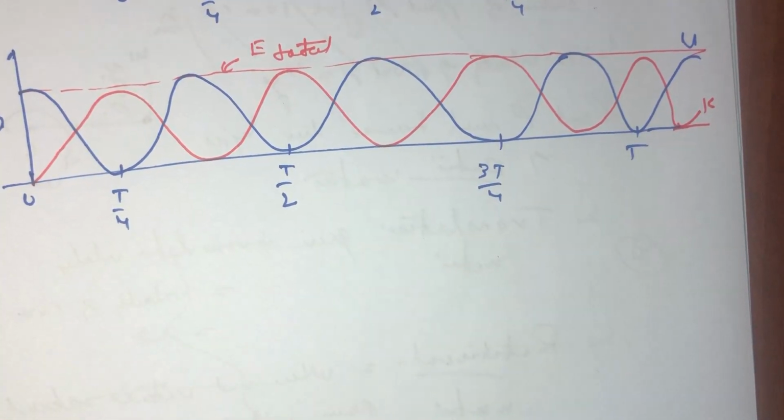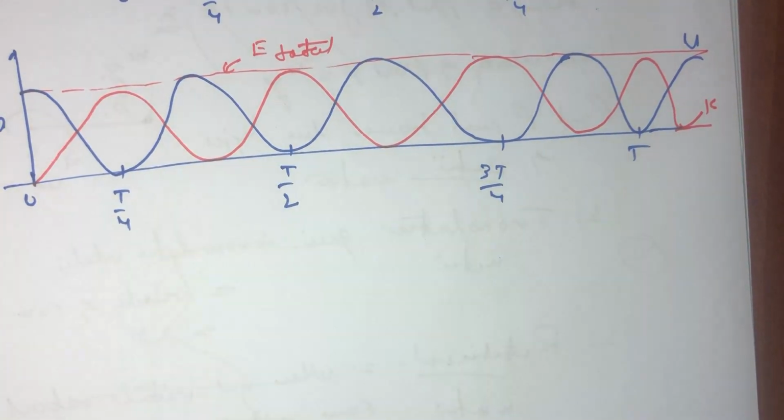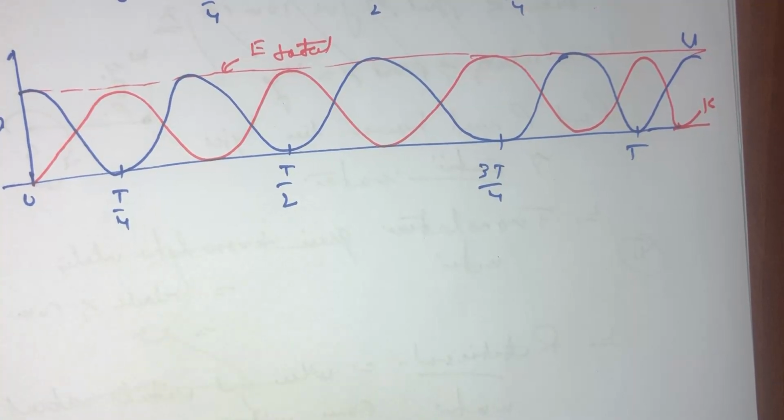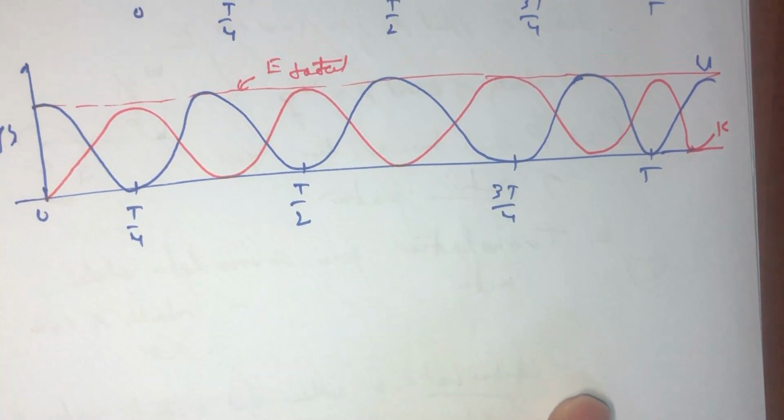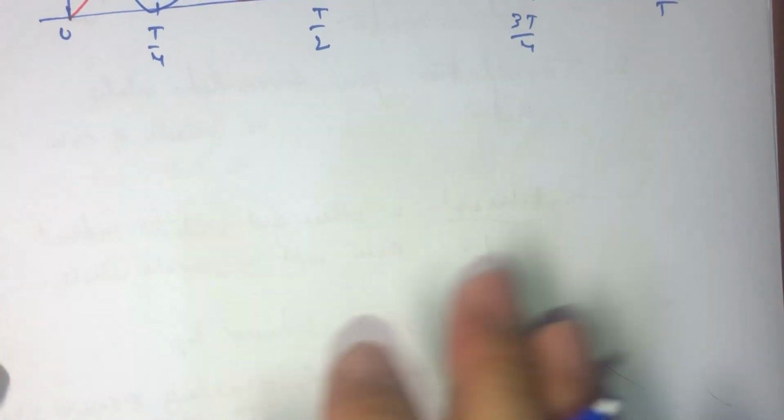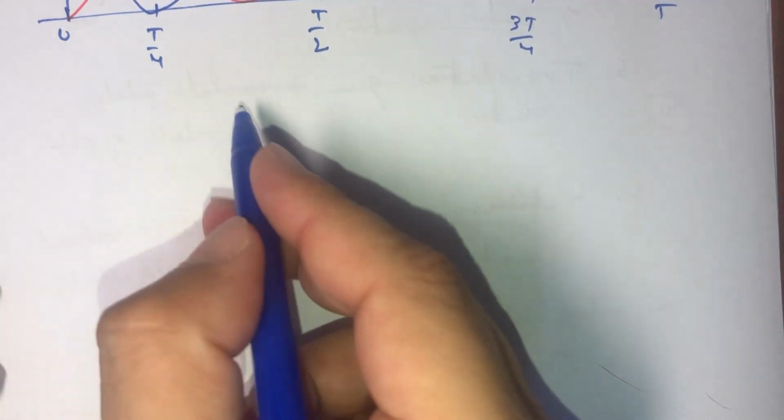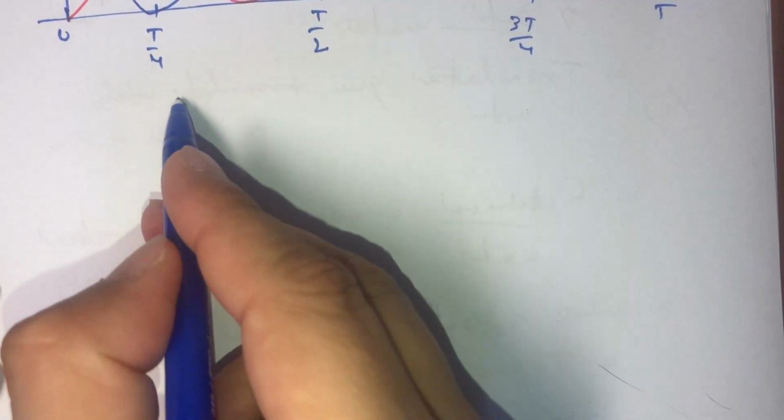Okay, and let us plot the respective x and velocity, how they are going to vary.